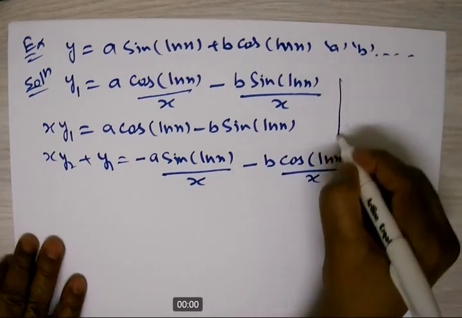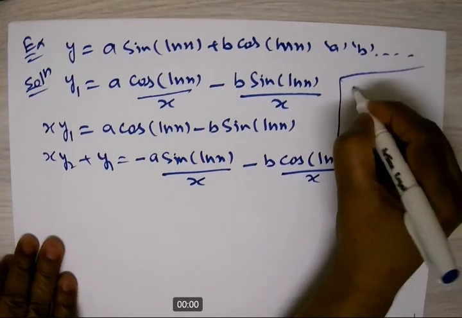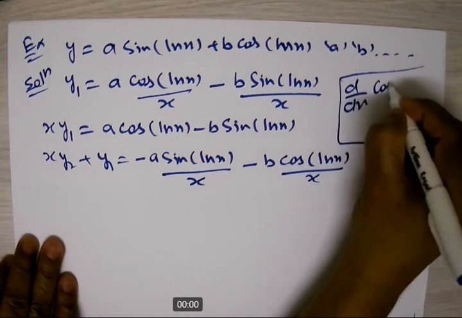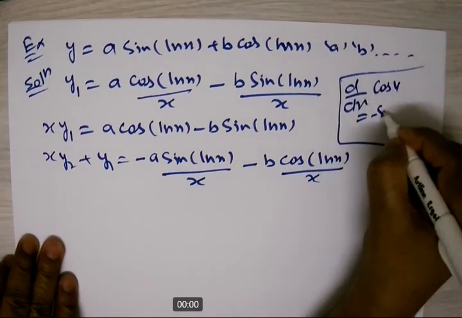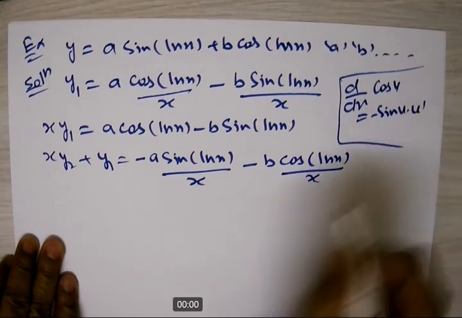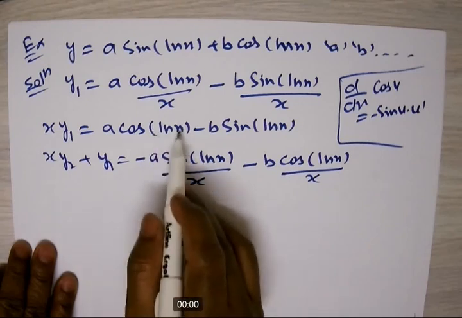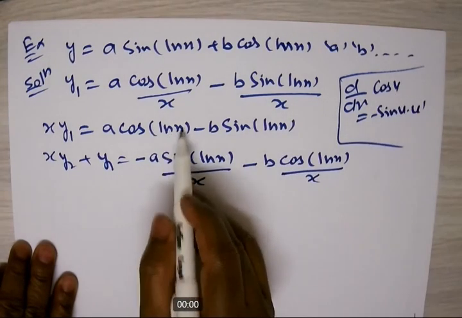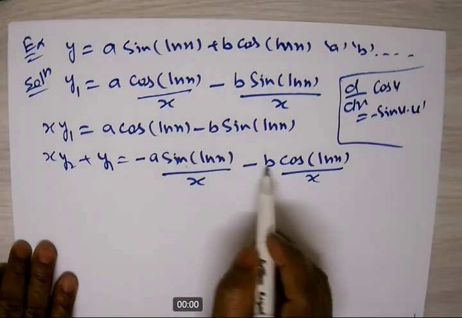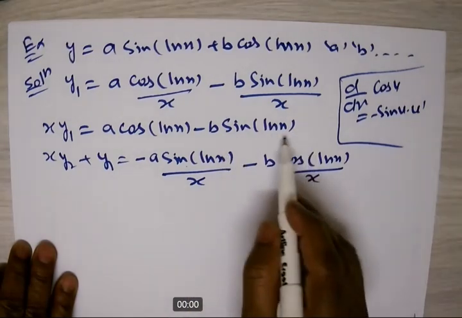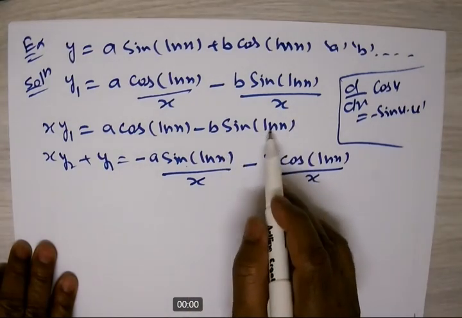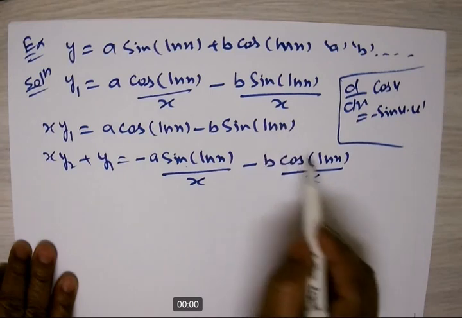I am using here the chain rule: d/dx of cos u is minus sin u times u dash. So the derivative of cosine is minus sin(ln x), where u means ln x, and u dash is 1 by x. And for b, the derivative of sine is cosine ln x times u dash, where u is ln x, so u dash is 1 by x.